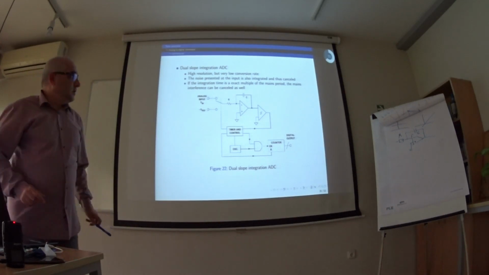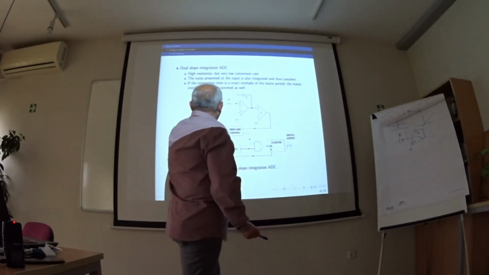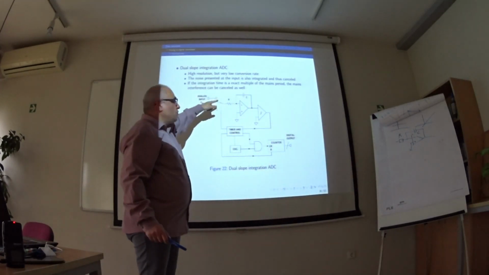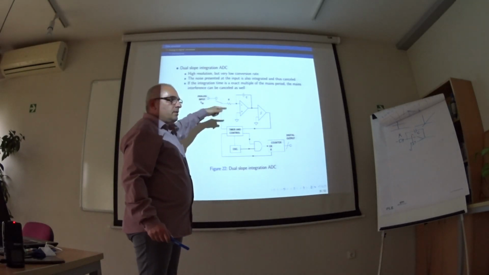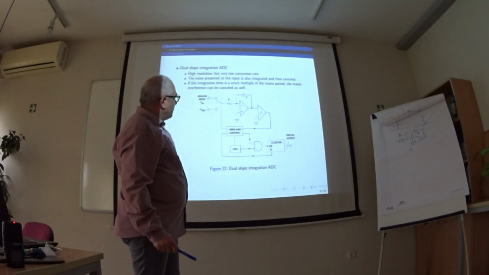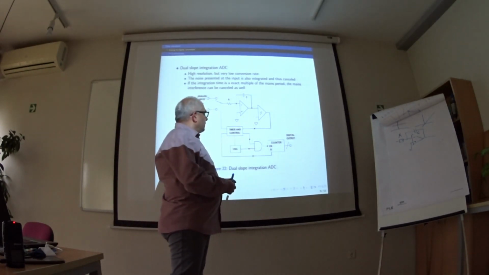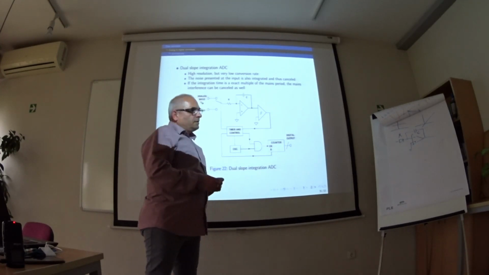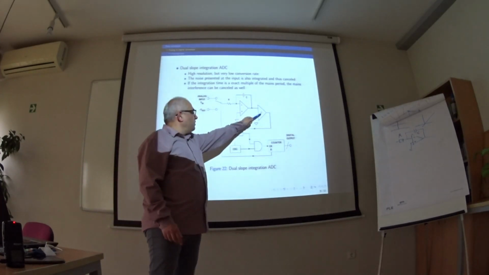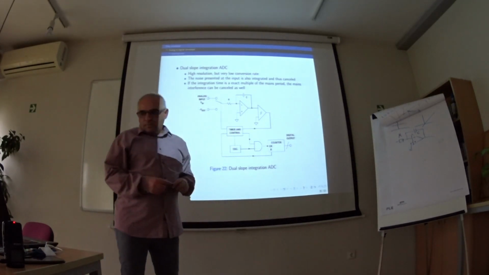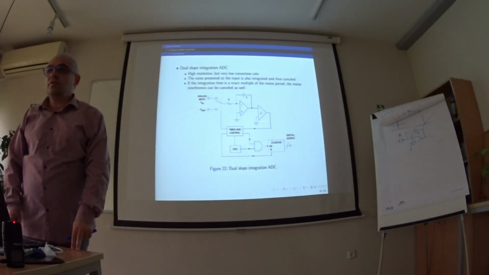Here is the architecture. This integrator, reference: we switch, we apply the reference voltage at the end of the first integration time, and we want to find the integration time, so we have a comparator to detect the end of integration.